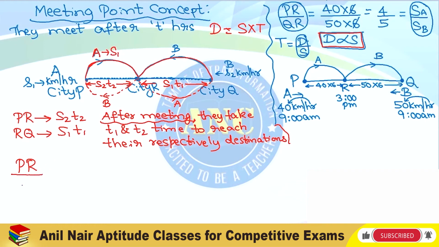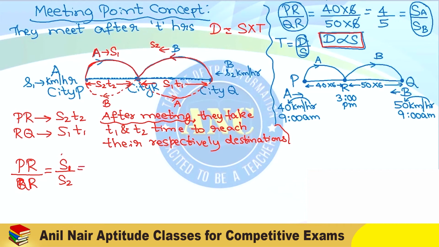And the distance traveled from Q to R: B is traveling at a speed of S2. This distance ratio is directly proportional to the speed ratio S1 divided by S2, where S1 is the speed of A traveling from P to R initially, and S2 is the speed of B traveling from Q to R initially.